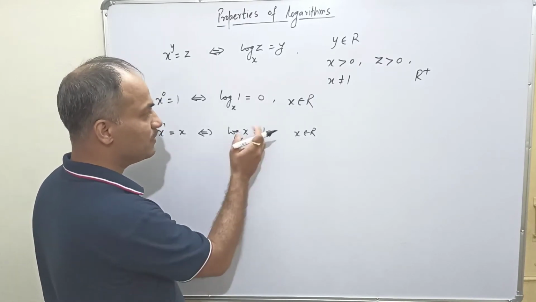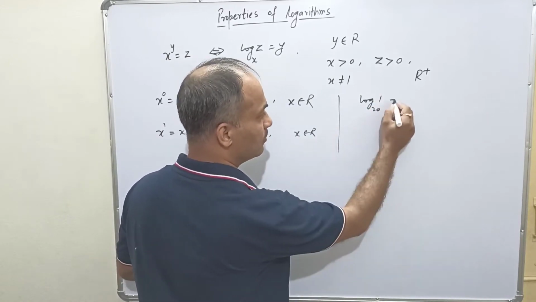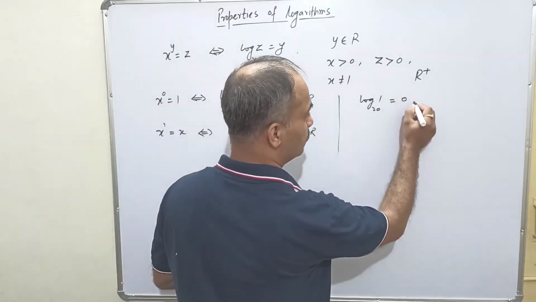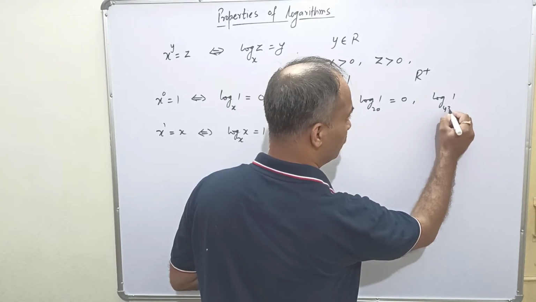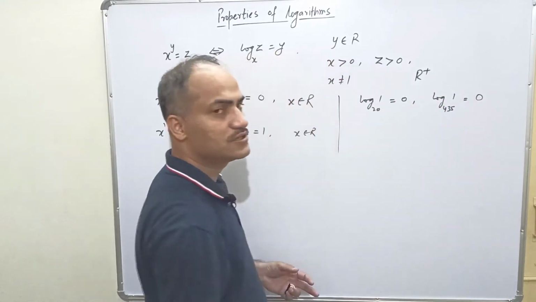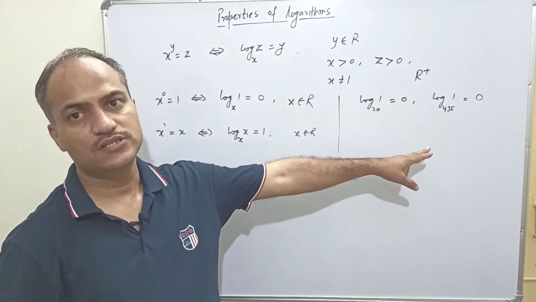Let us see some examples. If we see log 1 to base 20, what is this? If someone asks, you can quickly say it is 0. If we see log 1 to the base, suppose, 435, without any calculation you can say the value is 0. For any positive base, the value is always 0.